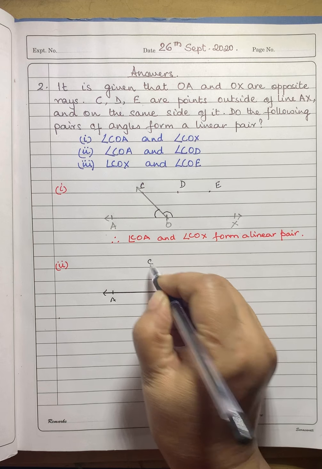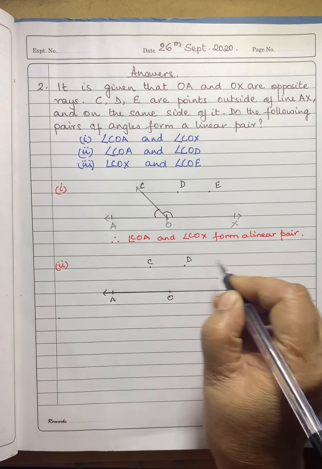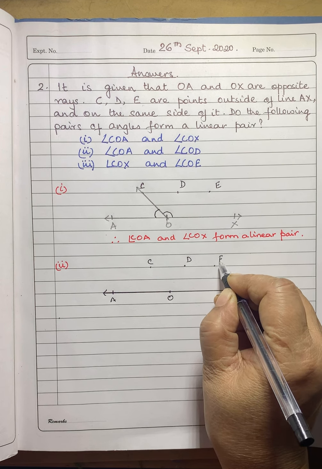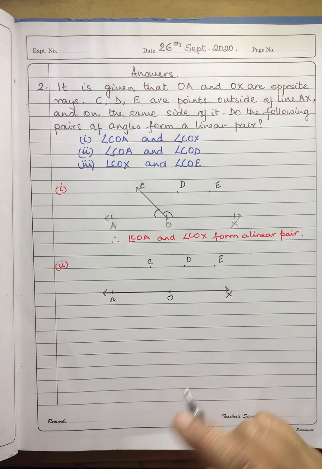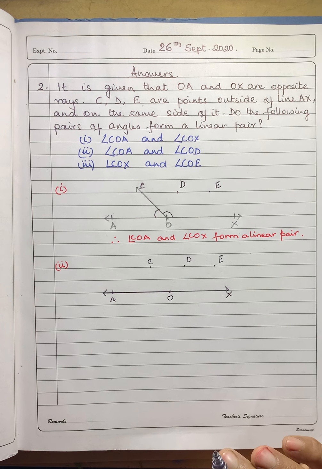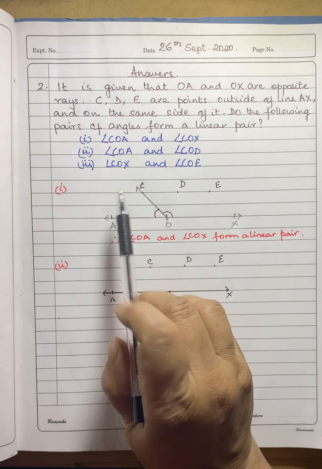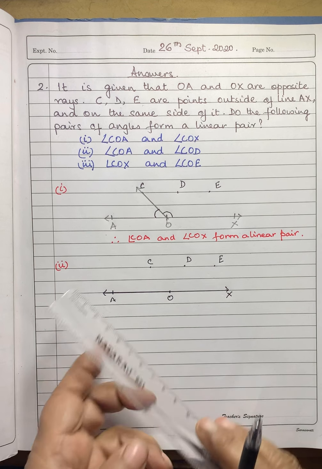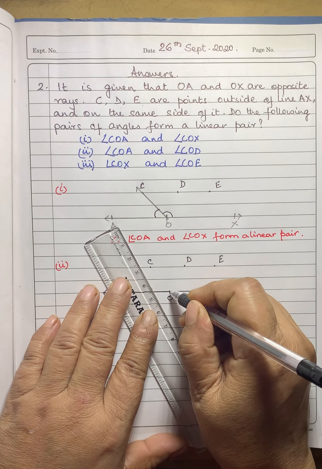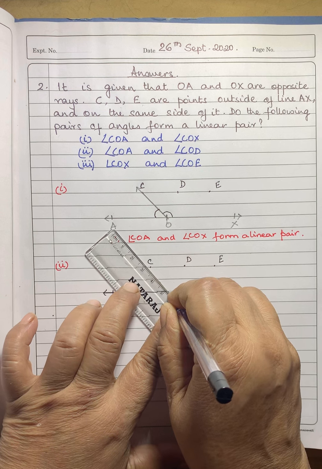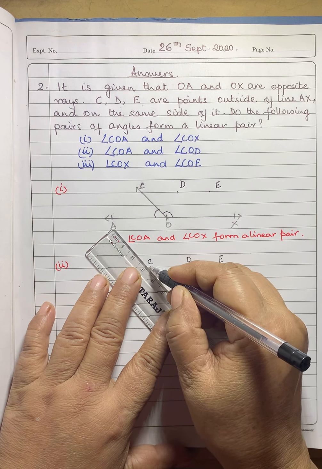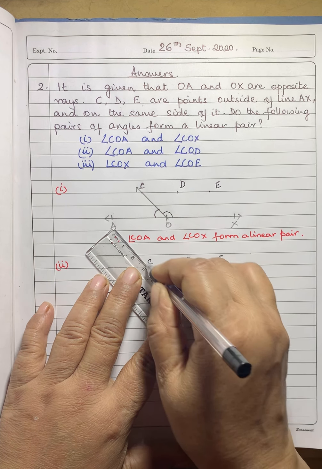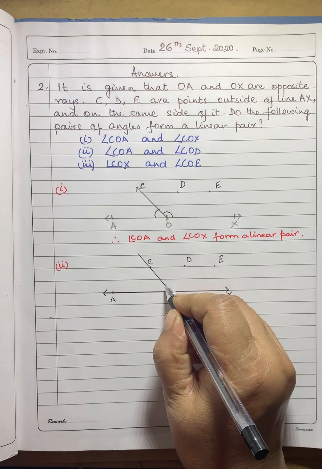Points C, D and E are outside the line AX, but on the same side. Now the second angle given is COA. COA means I have to join point C and O, and you will get angle COA.